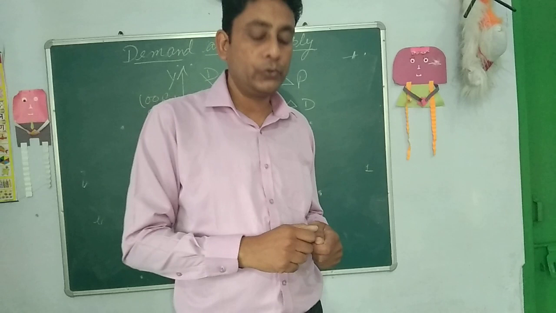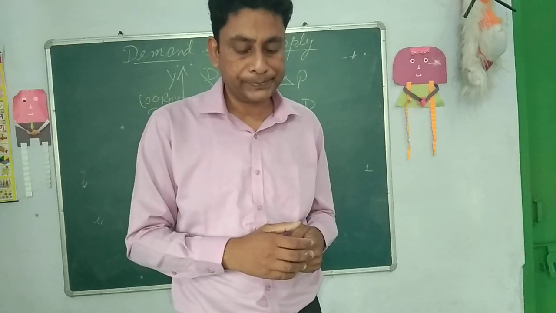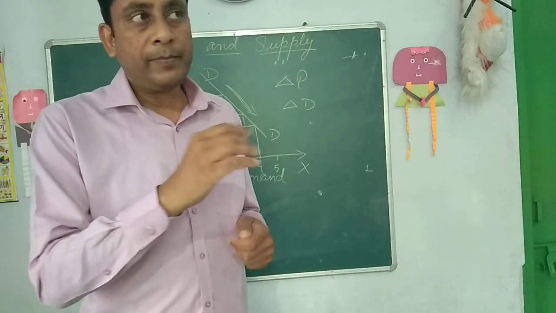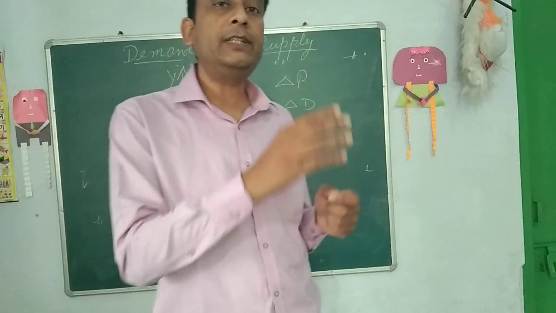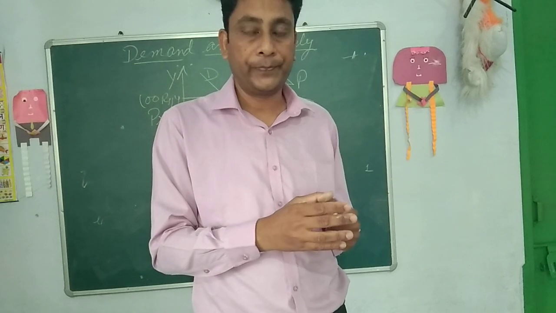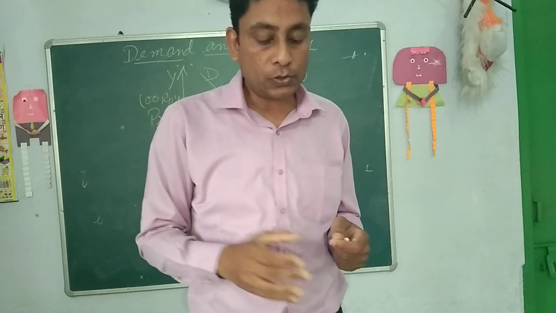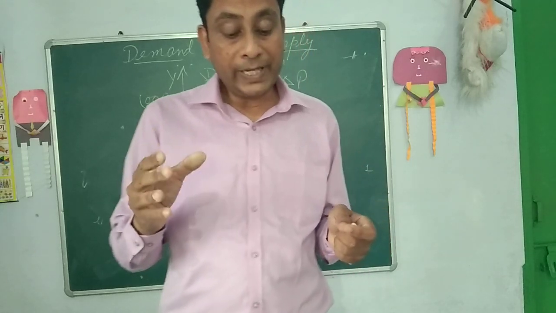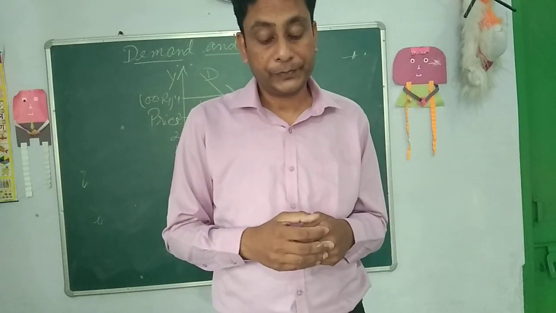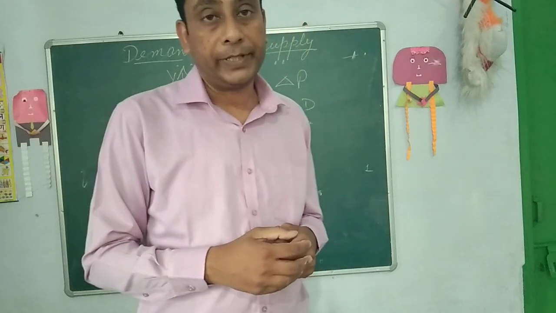The third is substitute goods. What are substitute goods? There are many options in the market and the consumer consumes only those goods which are suitable to him. Understood? So substitute goods are perceived by consumers to be alternatives of a product, for example, tea and coffee.